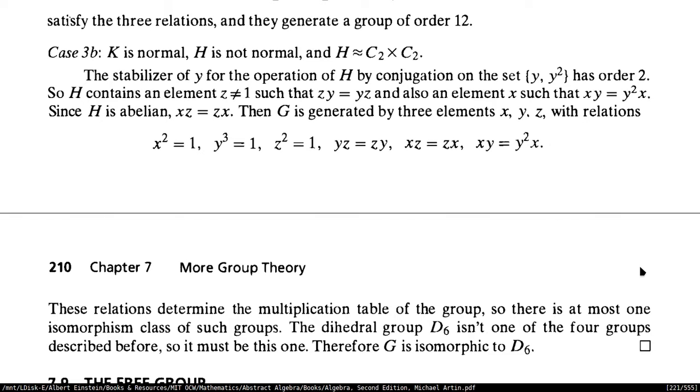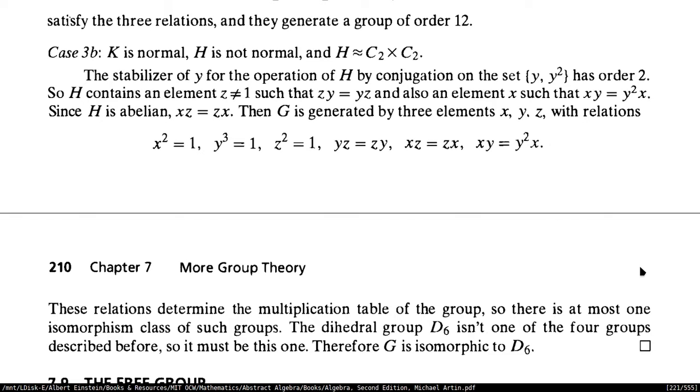So I guess one way of arguing it is, you know that there's at least one group of order 12 that has not been taken care of by any of the other cases, and that's D6. And this one that we just came up with, case 3b, is also different from all of the above.